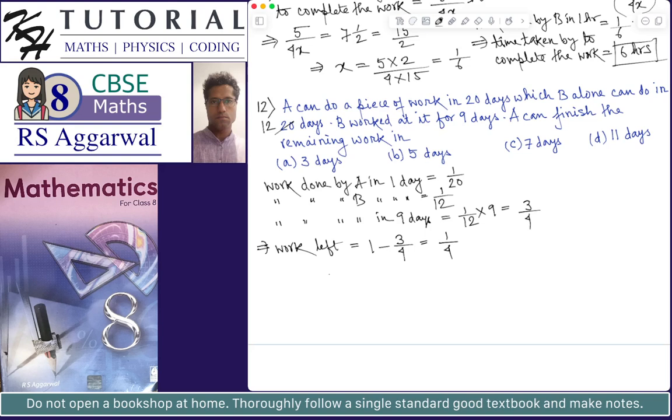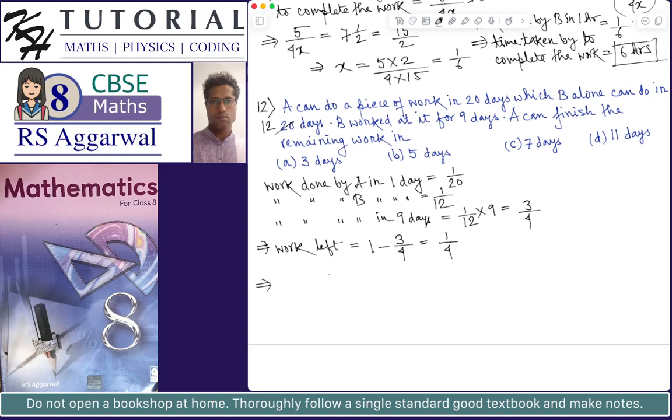Now the question is asking how long A will take to finish the remaining work. The remaining work is 1 by 4. And we know that work done by A in one day is 1 by 20, or that A can do the whole work in 20 days.